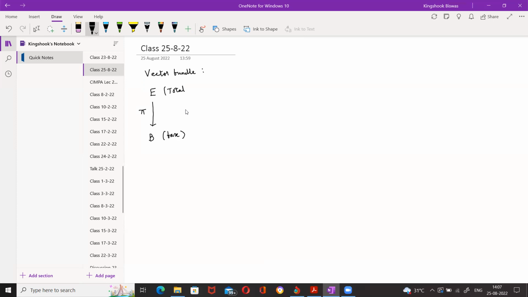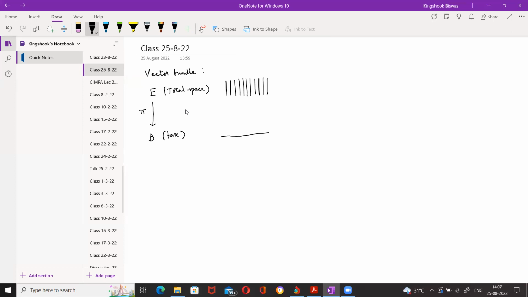And the idea is that E is a collection of k-dimensional vector spaces parameterized by points of the base. So suppose this is the base. Above each point in the base, you have a vector space. So E is a collection of vector spaces parameterized by points of the base.